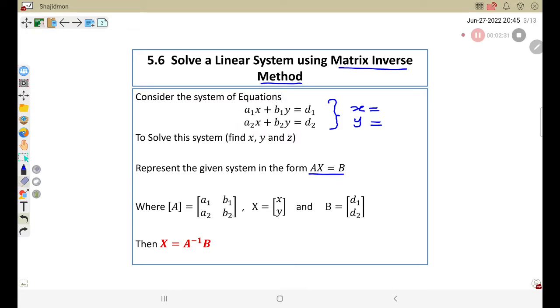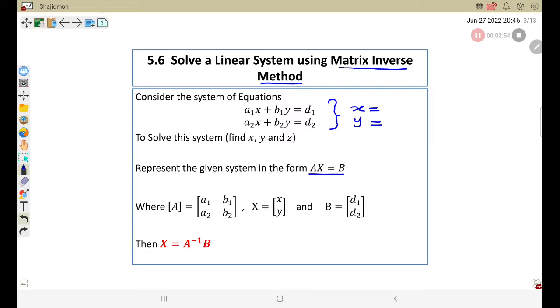We write here just the coefficient matrix. And capital X means the values we need to find, the unknown matrix. The x value we need to calculate, the y value we need to calculate. So the column matrix x, y. And capital B means the right side number matrix. What are the right side numbers here? d1 and d2. This column matrix we call the B matrix.